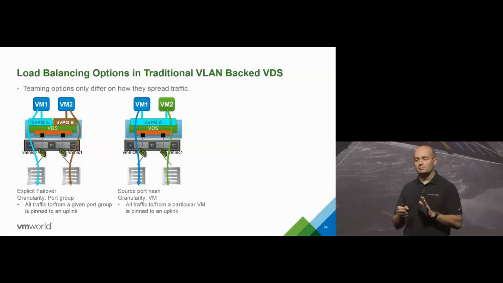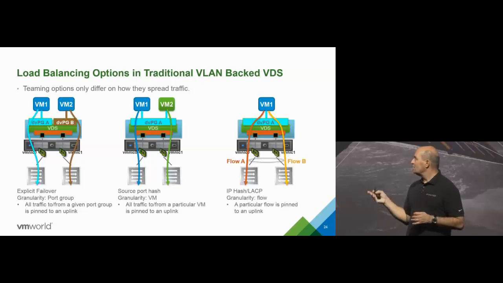More granular. And most granular is per flow. So within the same DV port group, for the same virtual machine, I can now pin my traffic on a per flow basis to either the left uplink or the right uplink.